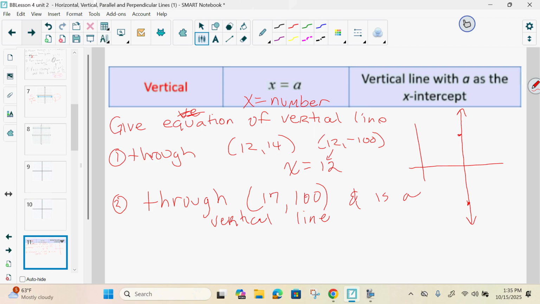I can make that picture be the same picture. 17, 100 is right here. I draw through a vertical line. Cat, what axes does it pass through, X or Y? It passes through the X. So this point right there would be 17, 0. Same deal, no work. X equals 17.